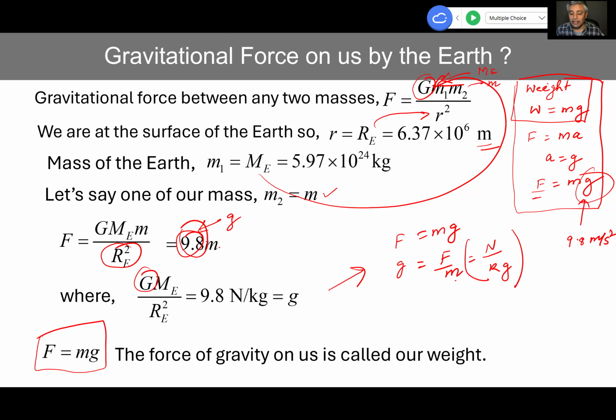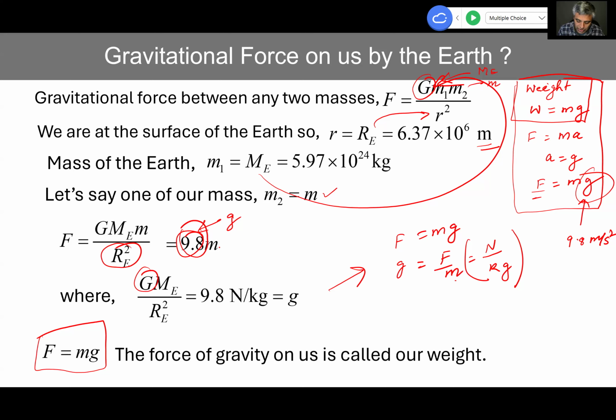Similar idea here. Any mass produces a field around it, and when another mass is there, it experiences force. How much force does it experience? 9.8 Newton per kilogram from the Earth when it is near. But that changes as the distance changes.